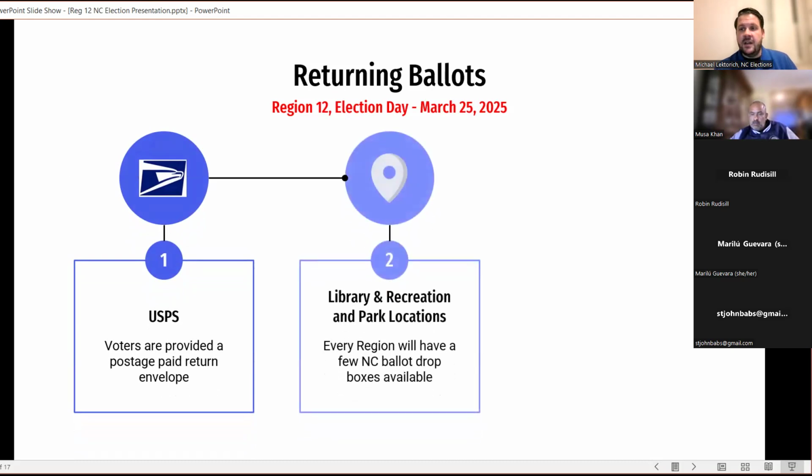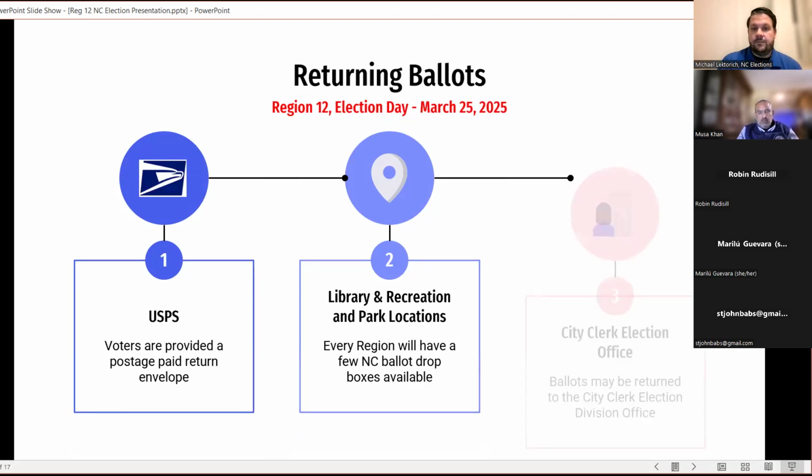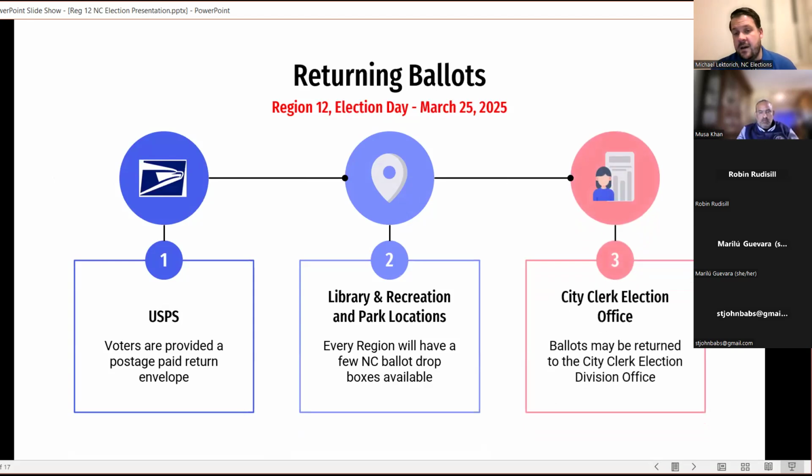The other option is we have library and recreation and park locations in every region where we will have ballot drop boxes available. I do want to highlight as well that at those locations, we are also going to have paper applications for candidates and voters available during those periods. And ballots can always be dropped off at our office as well.